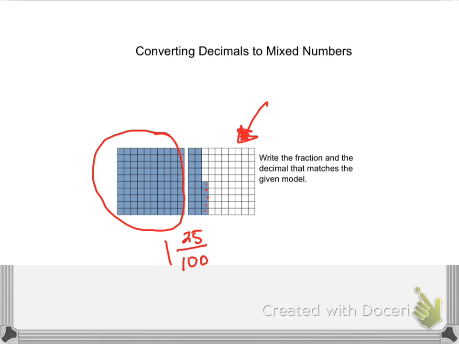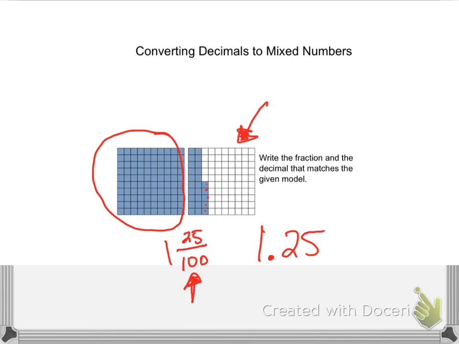So now if I was to want to write this as a decimal, I know I have $1 and then I have about 25 cents, because this is like 100 pennies and we have 25 of them. Our decimal is great, but look at our fraction.